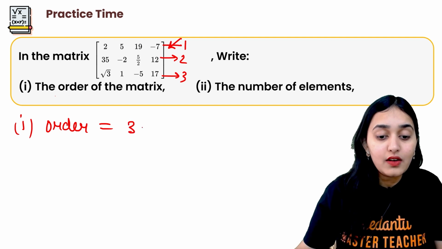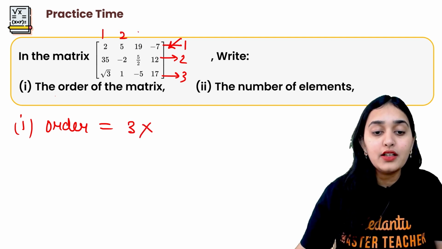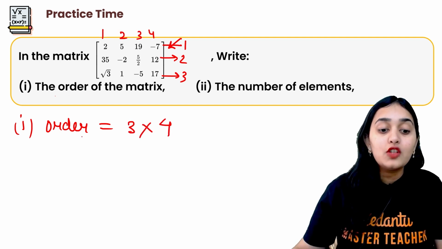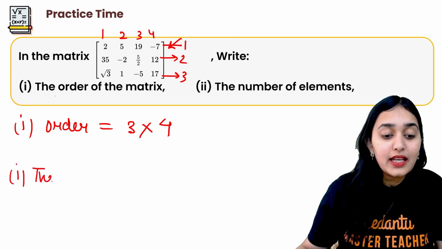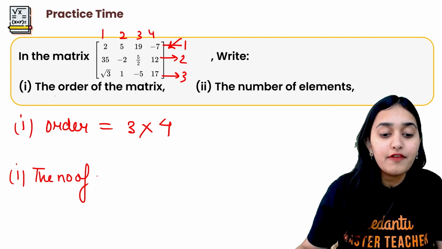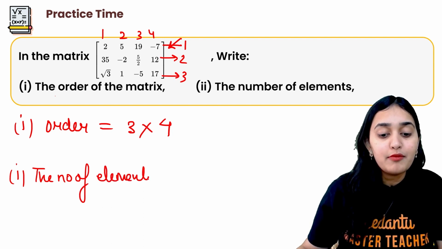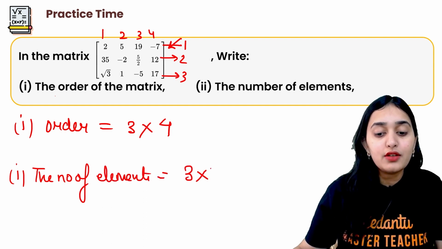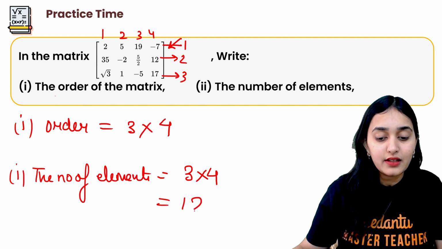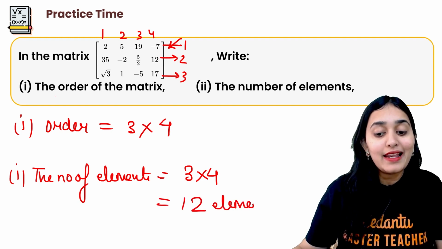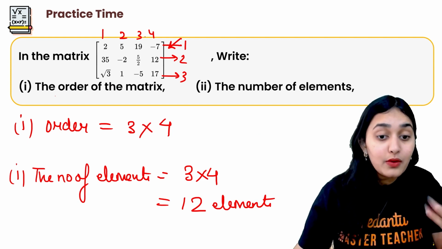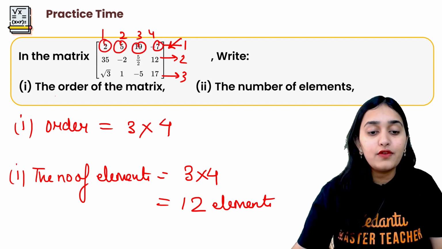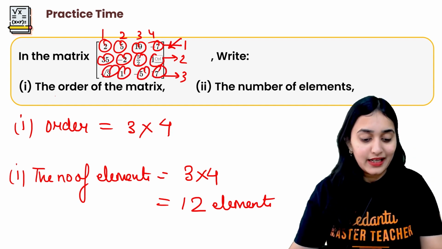So there are 3 rows, and how many columns? 1, 2, 3, 4. 4 columns. So this is the order of the matrix. Similarly, how many elements? Number of rows into number of columns. 4 3s are 12. So basically 12 elements are there in the matrix. You can count and check: 1, 2, 3, 4, 5, 6, 7, 8, 9, 10, 11, 12. 12 elements. Fine.